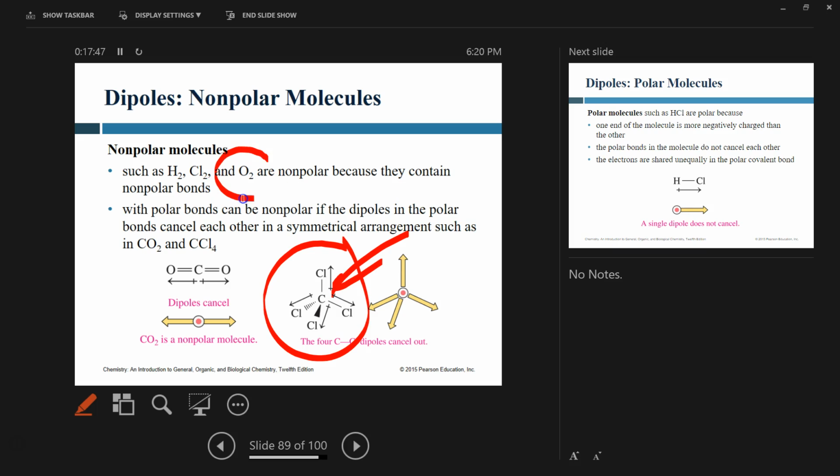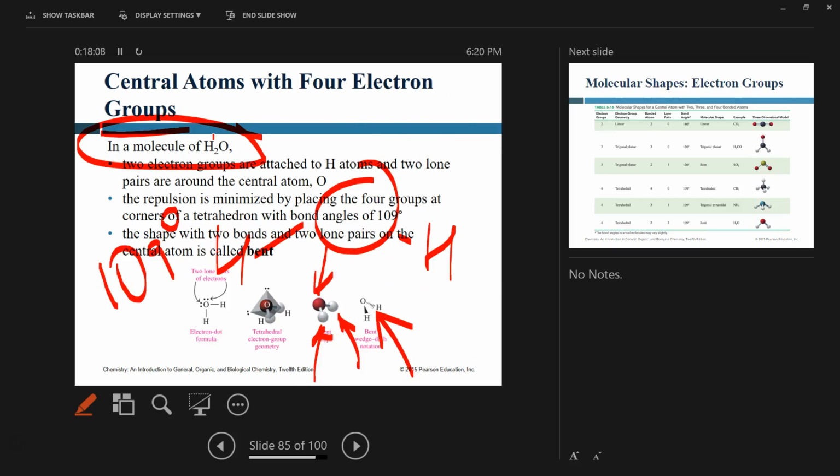Obviously, molecules like oxygen or hydrogen, they are nonpolar. Does that make sense? Because atoms are equal, they have equal electronegativity, they pull on electrons with equal force, so there is no change in electron distribution. Does it make sense? Let me go back for a second.